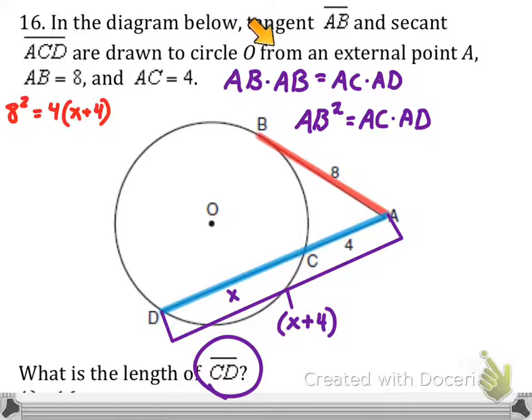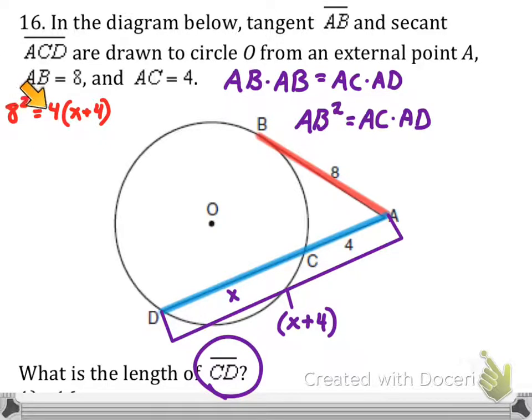Now, I know AB times AB, which is the outside segment times the whole segment, equals AC times AD, or I could rewrite that as AB squared equals AC times AD. What is AB? Well, it's 8.